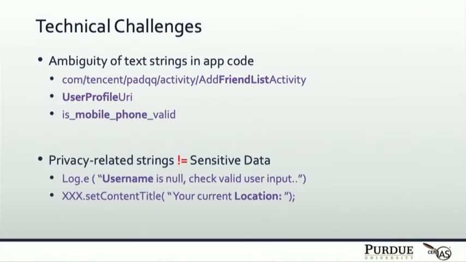Secondly, program elements that carry sensitive tokens may not carry sensitive content by themselves. Such examples could be a log message with an error, or an API for setting string labels on user interfaces. Neither of these carries sensitive content even when the code is executed at runtime.